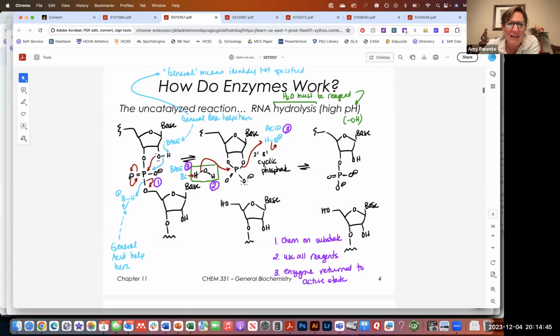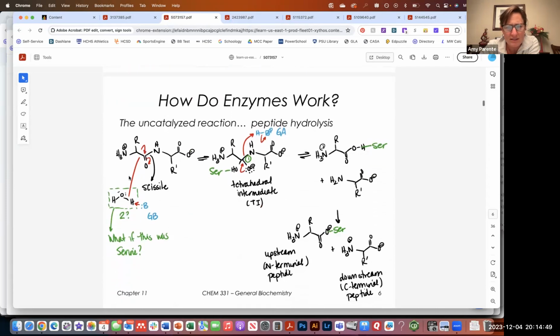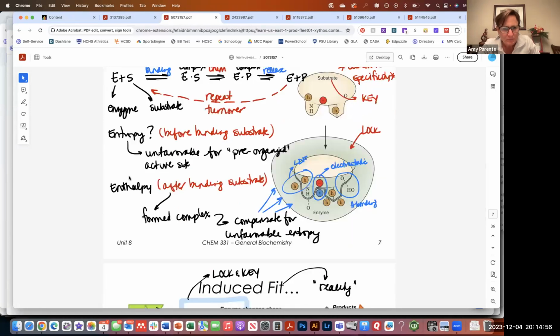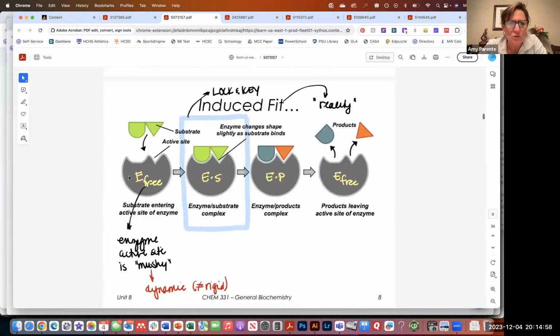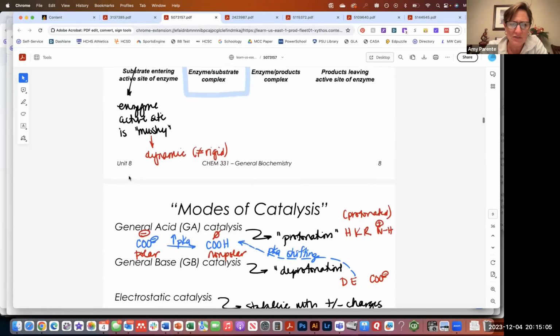Looking at the uncatalyzed reactions for RNA hydrolysis, carbohydrate hydrolysis, peptide hydrolysis. There again is the lock and key model. Induced fit helps remedy the fact that we have unfavorable entropy if we are freezing out an enzyme active site.